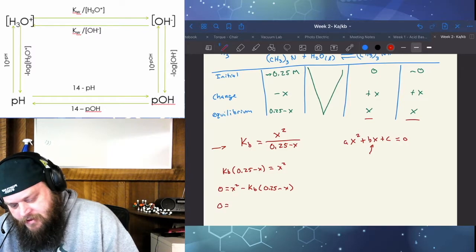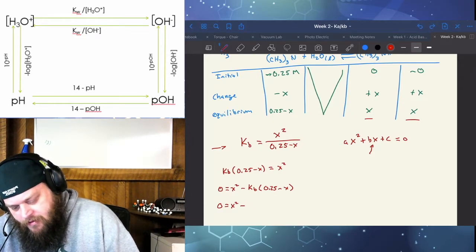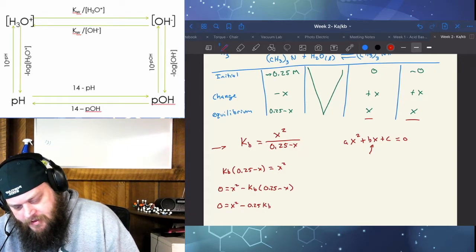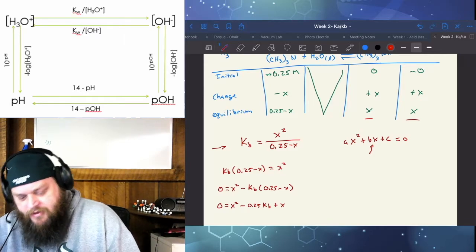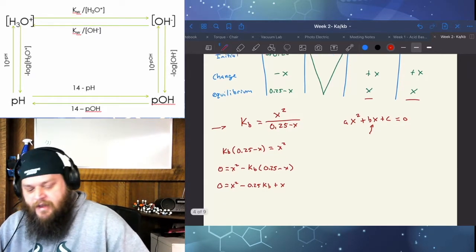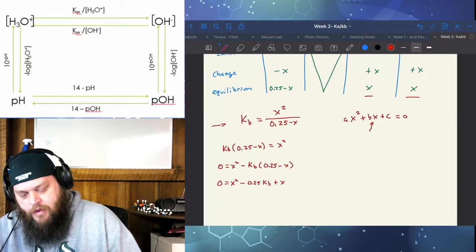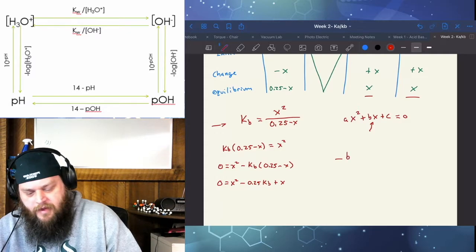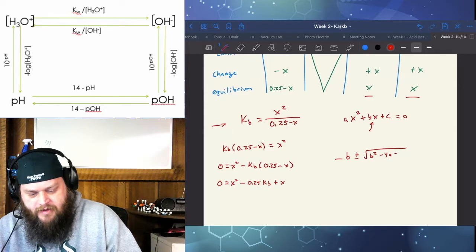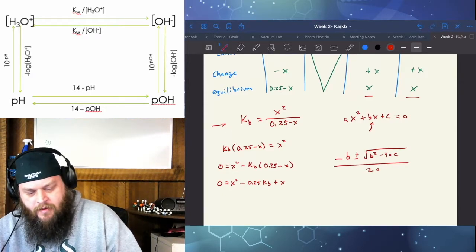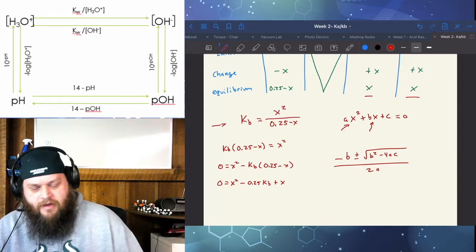So that's 0 is equal to x squared minus 0.25 KB plus x. Make sure you get that plus x because it's the negative times that negative. So now we have our quadratic equation in this form. We can plug it into the quadratic formula, which is negative b plus or minus the square root of b squared minus 4ac, divided by 2a, where a, b, and c are the coefficients of the different terms there.